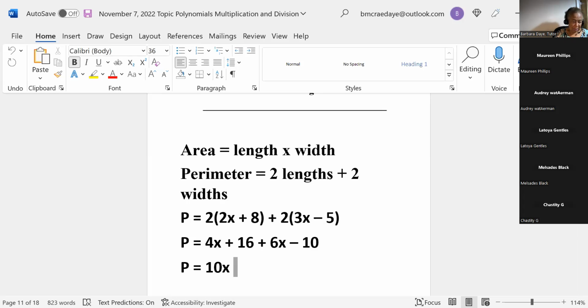What about your constants? 16 minus 10 is what, Mercedes? Add unlike, you subtract. What's the answer, Mercedes? Plus 6. That's right.